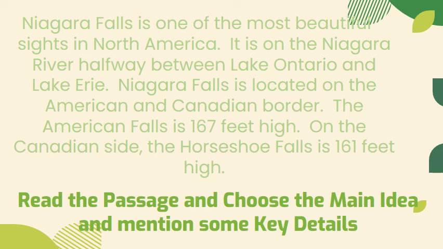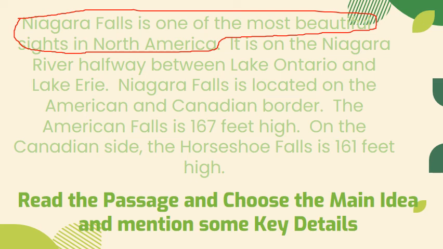By the supporting details. What are the supporting details here? Let's circle the main idea first. This is the main idea, the first sentence. And the supporting details support this main idea. It's on the Niagara River halfway between Lake Ontario and Lake Erie. This is the first detail, one. Niagara Falls is located on the American and Canadian border. This is supporting detail two.